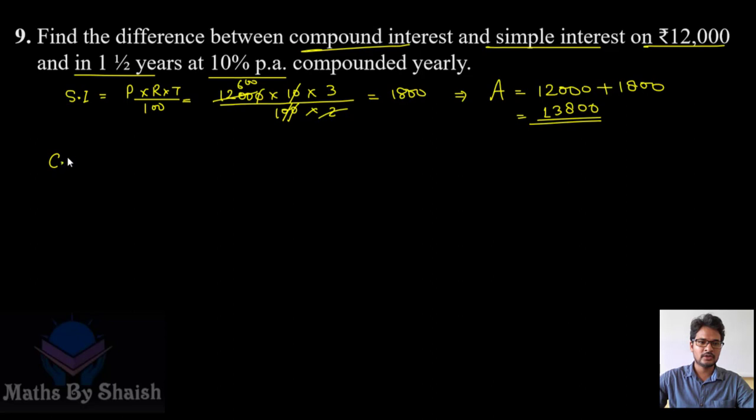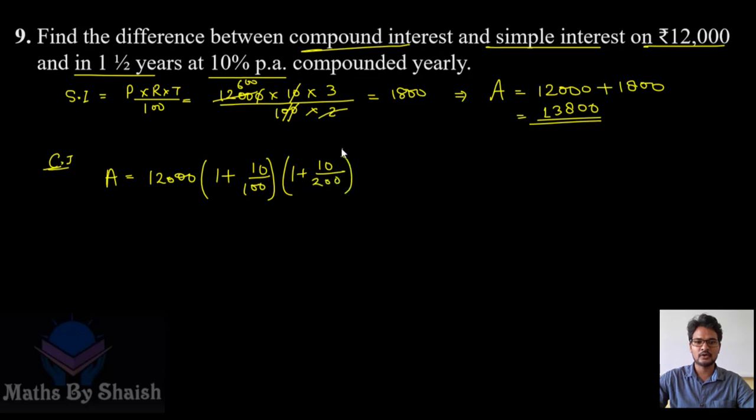Now for the compound interest, the amount is 12,000 times 1 plus 10 over 100 to the power 1 for the first year, and for the next half year it is compounded half yearly, so 1 plus 10 over 200 to the power 2 into half.